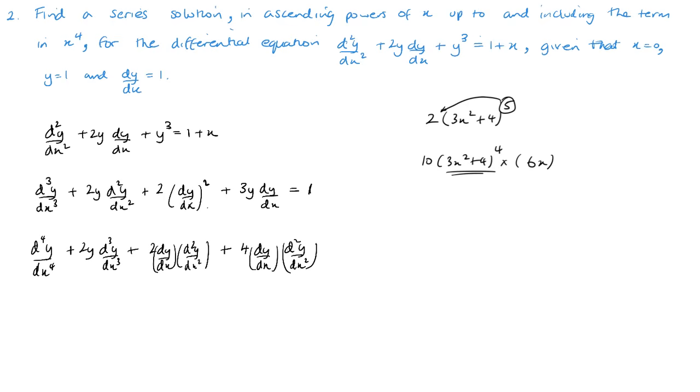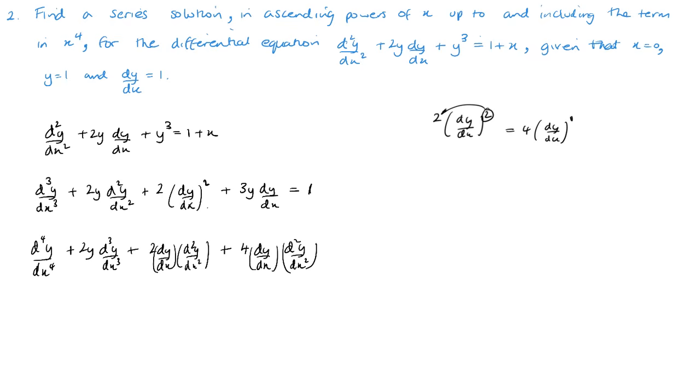In this case we had 2 dy by dx squared, so bring the 2 down, takes me to 4 dy by dx to the power 1, and then times the inside differentiated, which is d2y by dx squared.